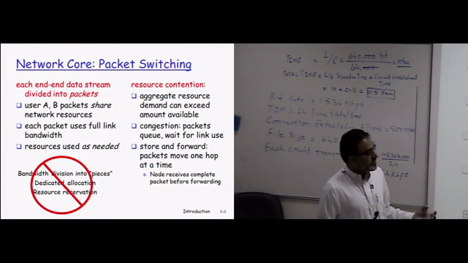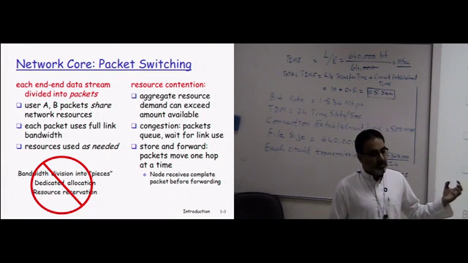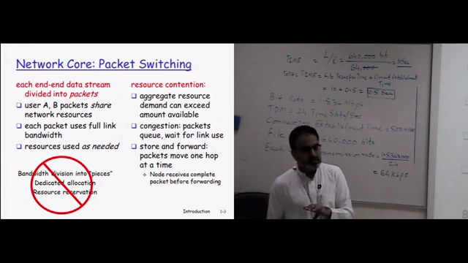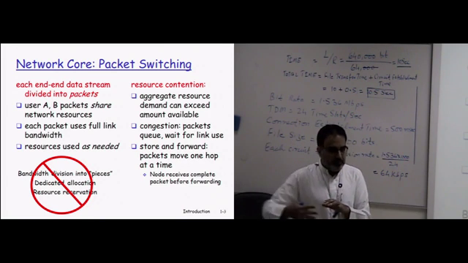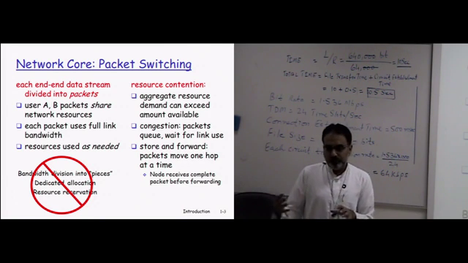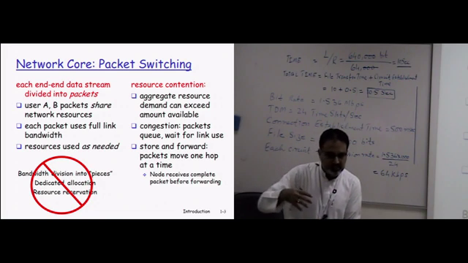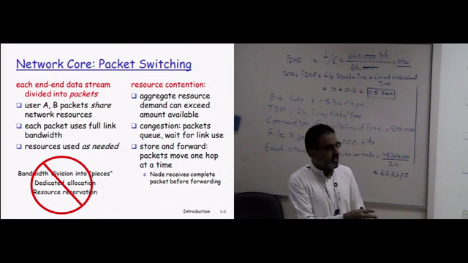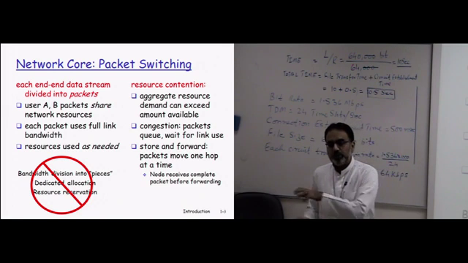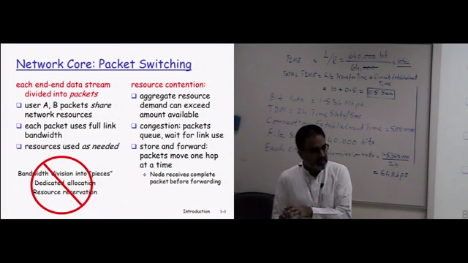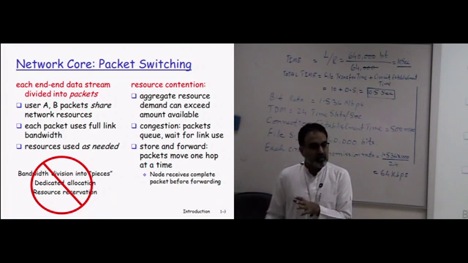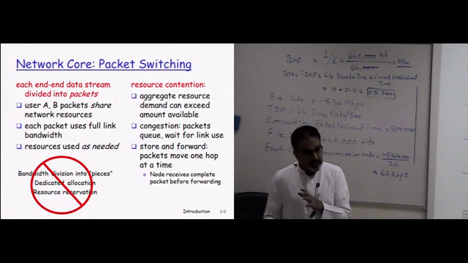So packets need to be stored somewhere. Otherwise, if more hosts are sending packets towards an intermediate device, and the device does not have some sort of queue in order to store the packets, the packets will start dropping on the input queue, on the input port.